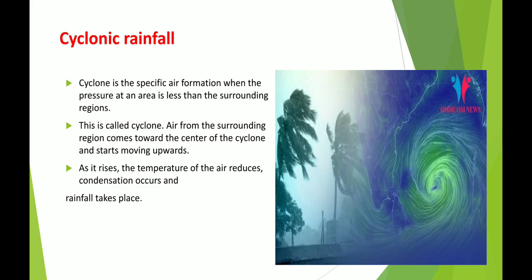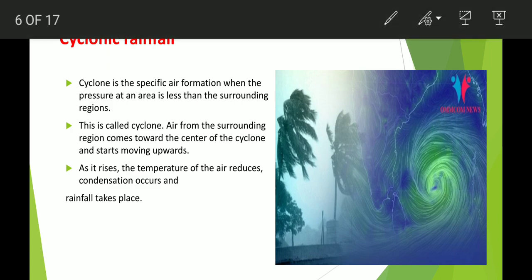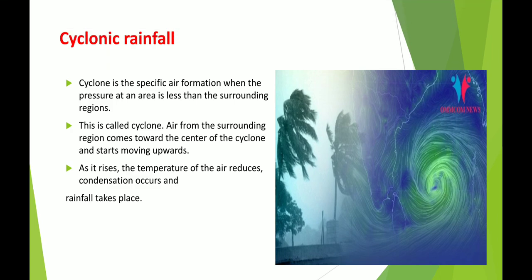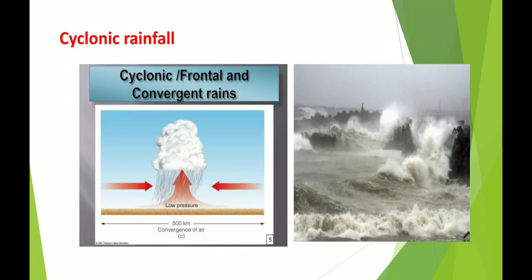Water vapors turn into water droplets, and in this way cyclonic rain falls in areas over which the cyclone passes. Cyclonic rainfall occurs more in the temperate region. You can see this type of rainfall mainly occurs in the temperate region.